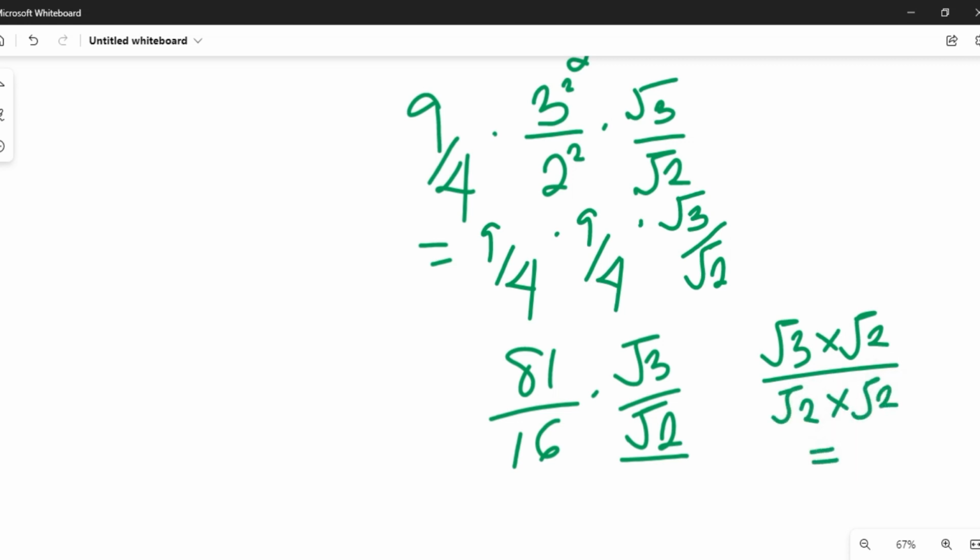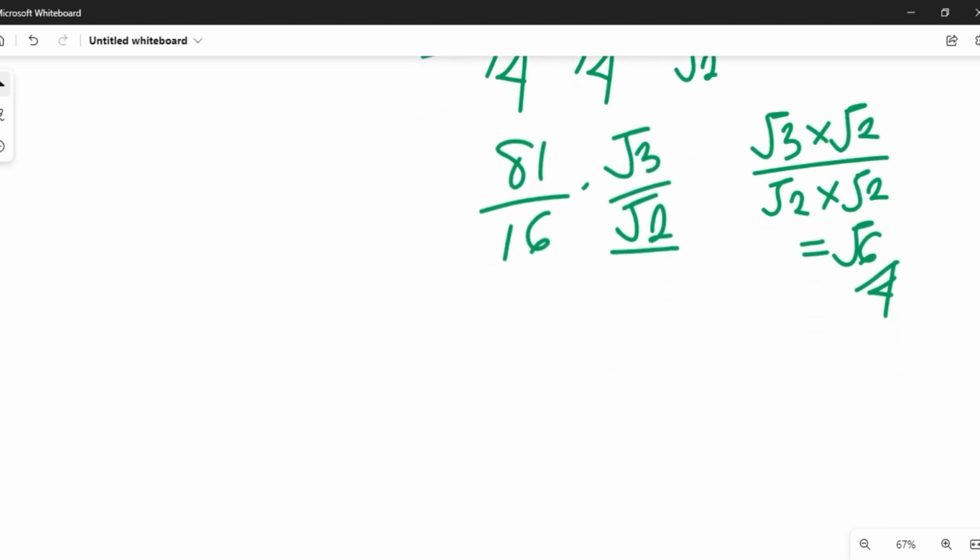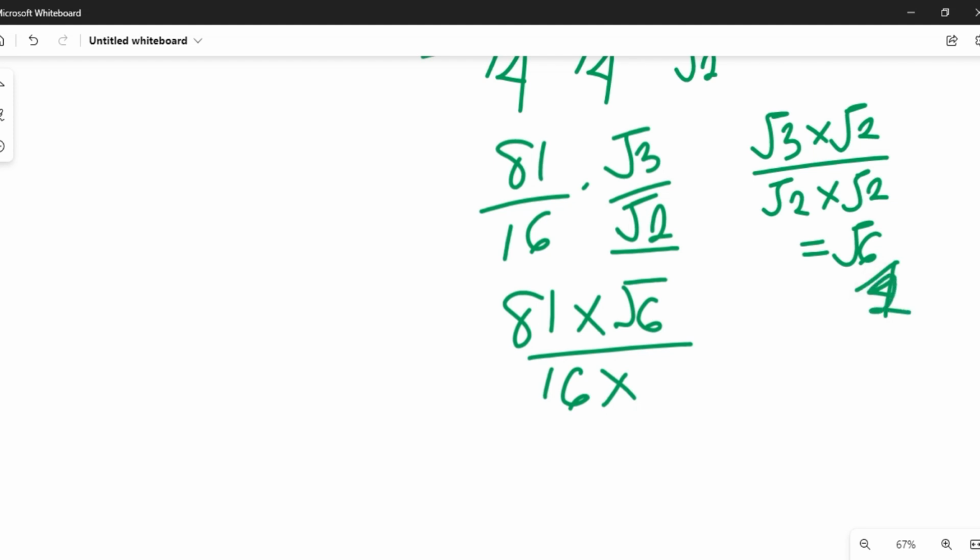So we have root 6 over 2, because root 2 times root 2 gives us 2. So we have 81 root 6 all over 16 times 2, which gives us 32.